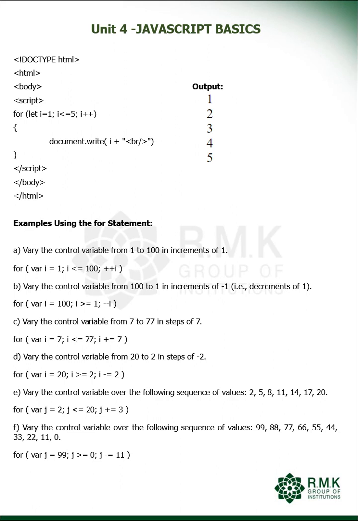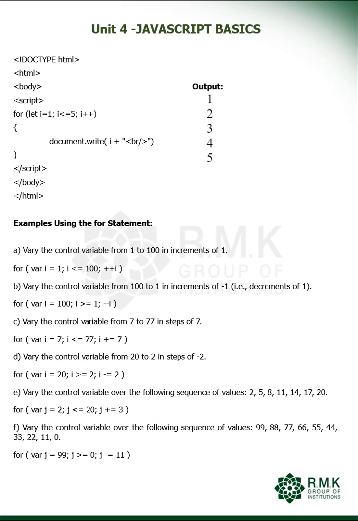So when you look into this example, for let i equals 1, i less than or equal to 5, i plus plus, within this for loop, document.write, you are going to display i and move to the next line. So i is equal to 1.